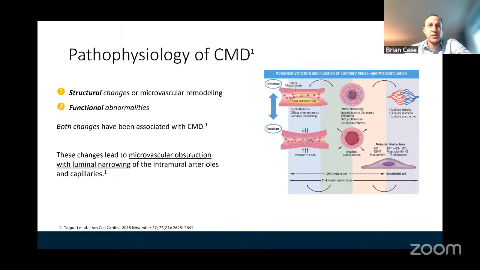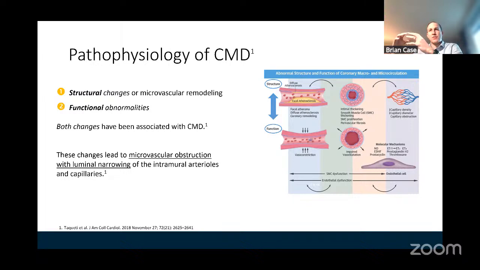There's structural changes in the microvasculature that results in remodeling. This can be due to buildup of atherosclerotic plaque, focal atherosclerosis within the small vessels, along with intimal thickening. And then you can have functional abnormalities as well. You can have vasoconstriction of the small vessels.